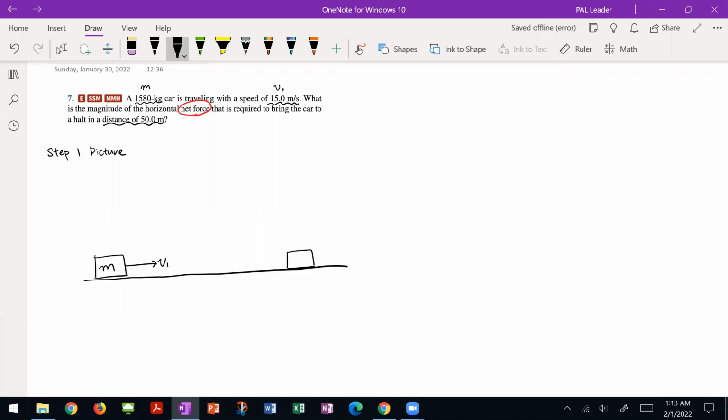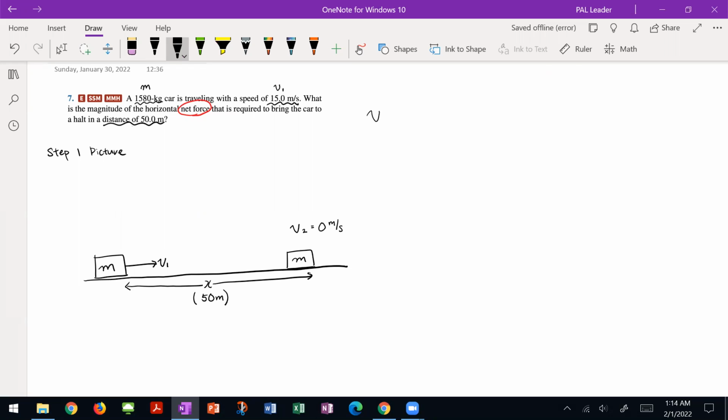So I'm going to assign it V2, but we know that is 0, right? And then we know that this distance here was 50 meters.